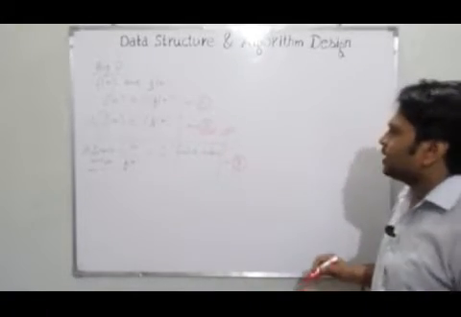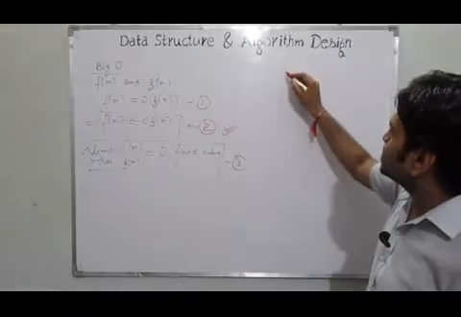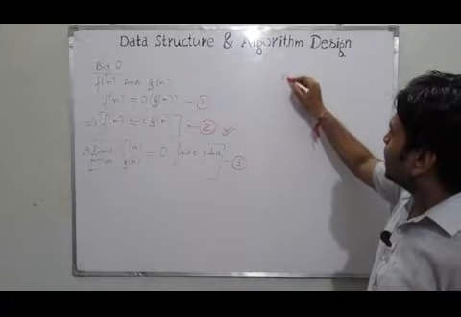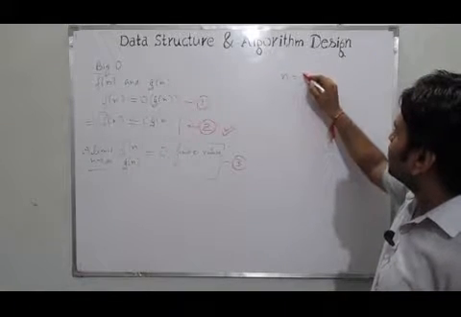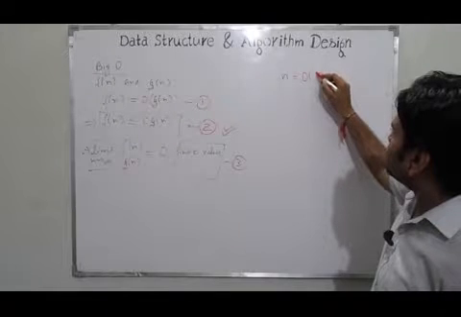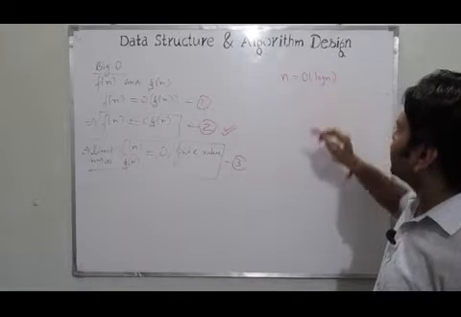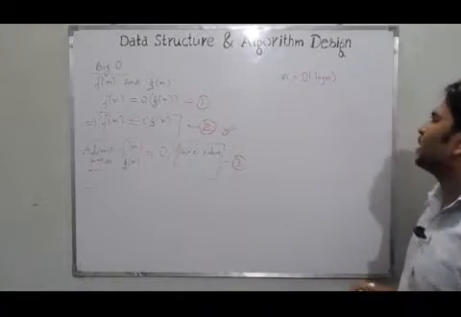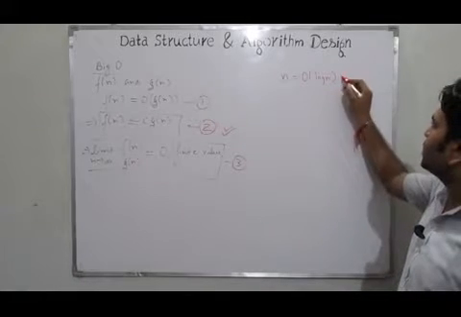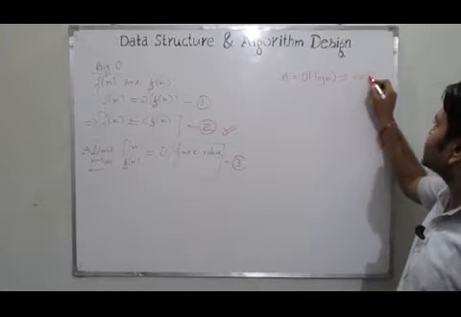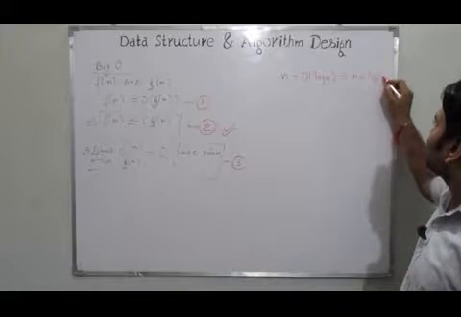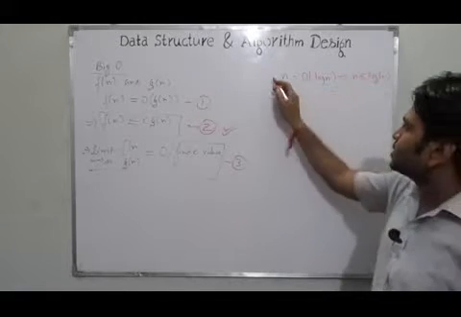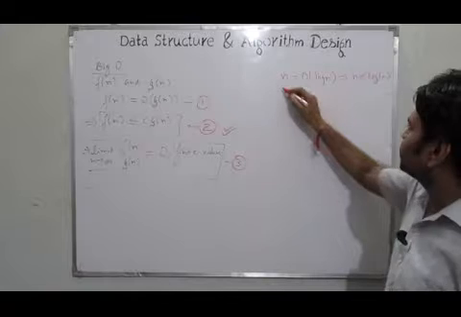So if we take the first example, suppose I say that n is order of log n, then it is justifiable that n is always less than or equal to log n. That means this is totally true.